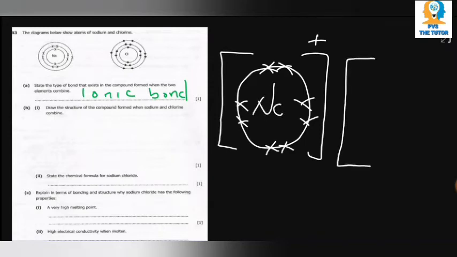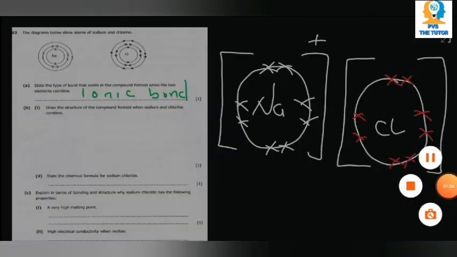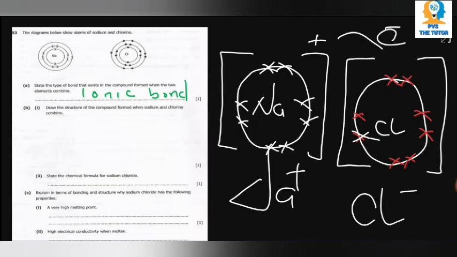So this is sodium to chlorine, and chlorine is going to have 8 electrons. So we can just do it like that. There's an electron that has been transferred to chlorine, and this one becomes a sodium ion, and this one becomes a chlorine ion. So together they form sodium chloride. This is the compound that was needed to be put there.